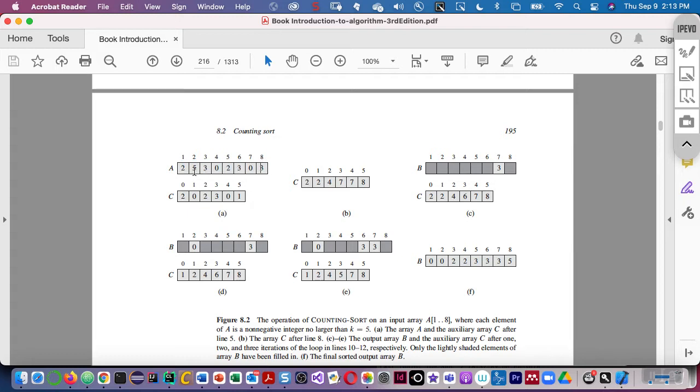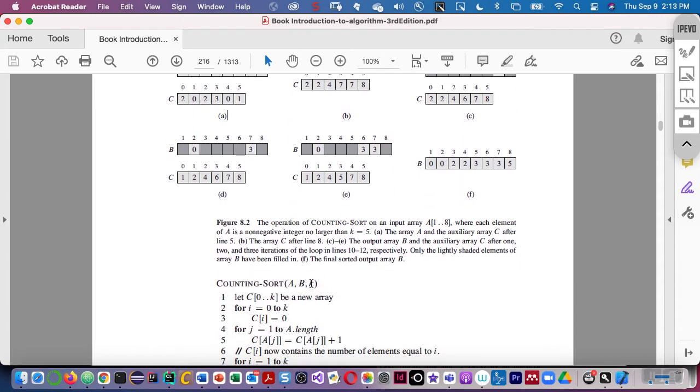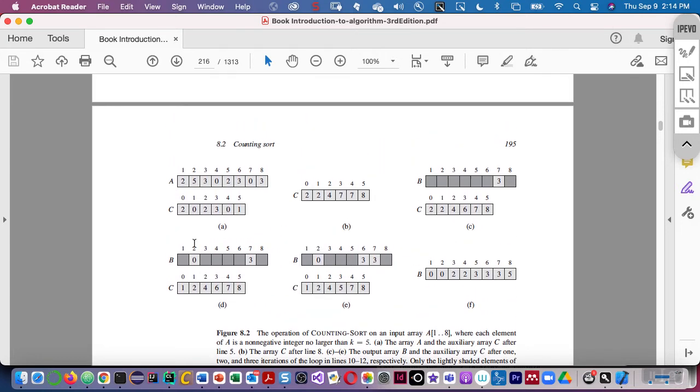But for now, just consider that all these are non-negative. It can be 0 or positive. Then k will be the highest element of A.